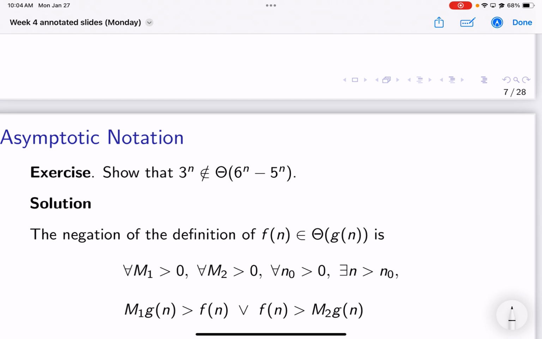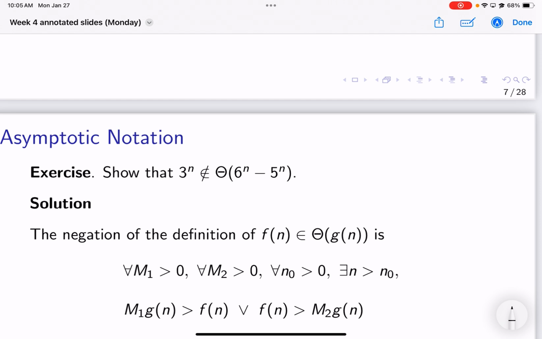The first step to proving that a function is not in big theta of another is to figure out whether you're going to prove that a lower bound always exists.